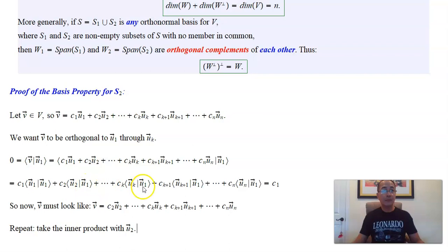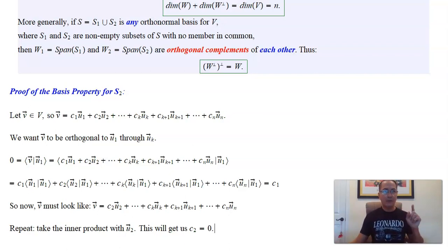You'll get U2 with U2, up to UK with U2, UK plus 1 with U2. Everything on the right is going to be U2. So the only survivor will be U2 with U2, which is 1. So we get C2 must be 0.